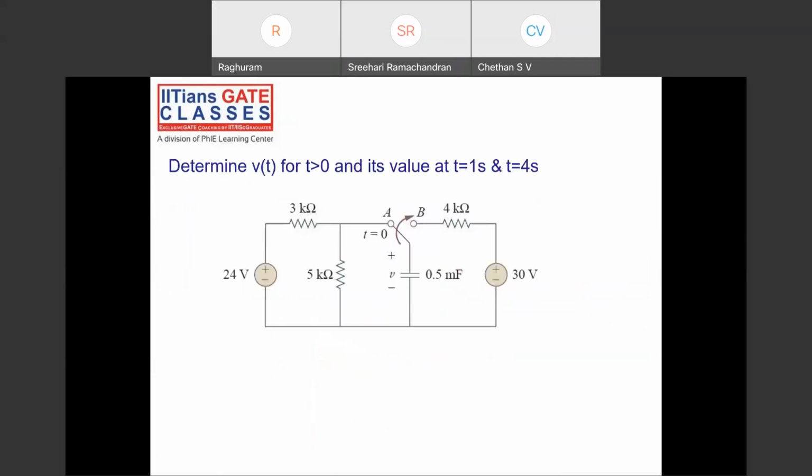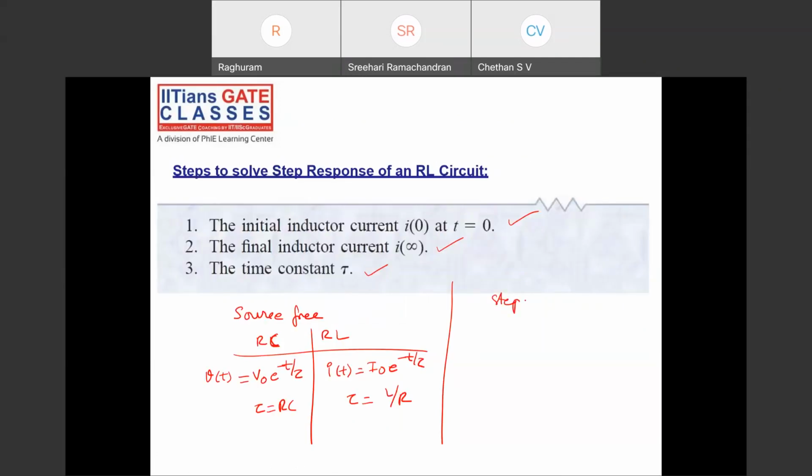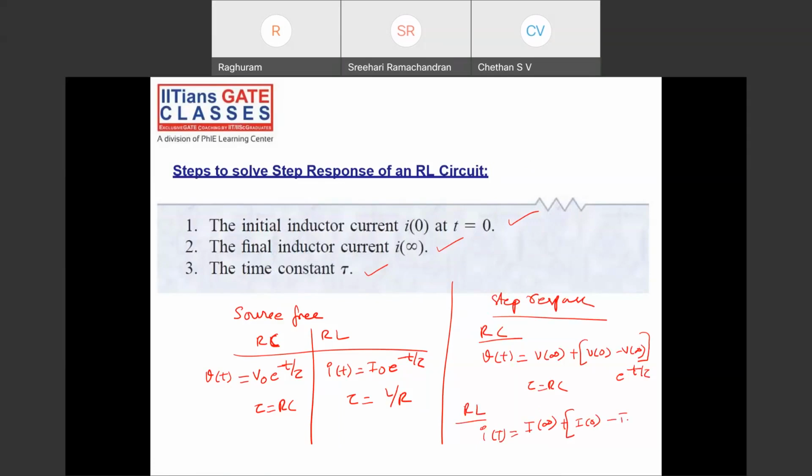With the source, or step response, for RC it is V of t is equal to V of infinity plus V of 0 minus V of infinity, times e power minus t by tau. Tau is equal to RC. For RL, same: I of t is equal to I of infinity plus I of 0 minus I of infinity, times e power minus t by tau. Tau is equal to L by R.